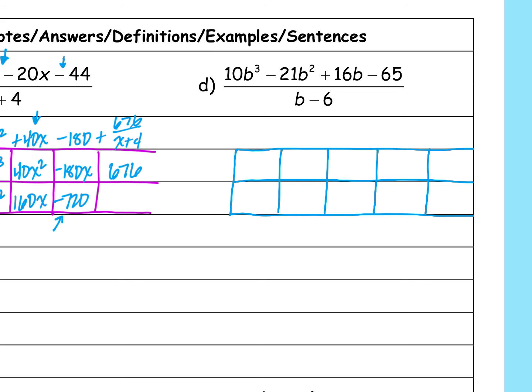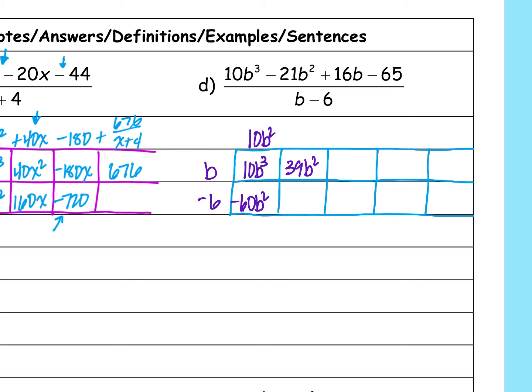And I've got b minus 6 and 10b cubed. So this should be 10b squared, which gives me negative 60b squared, right? And what do I add to negative 60b squared to get negative 21b squared? I think that's 39b squared.